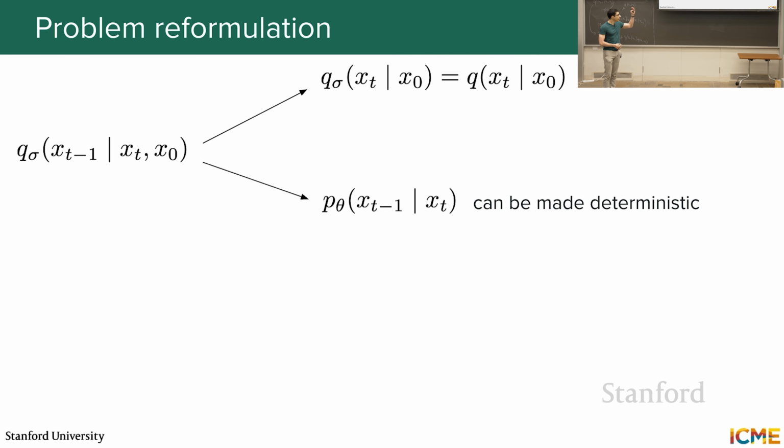And the second condition, where I said that we don't want any stochasticity between two generation steps, translates to the fact that we want p theta of the less noisy image given the noisy image to be deterministic, meaning that once you have xt, then your generation process gives you xt minus 1 as a one-to-one mapping. So there is no more noise term. Does everyone agree on that?